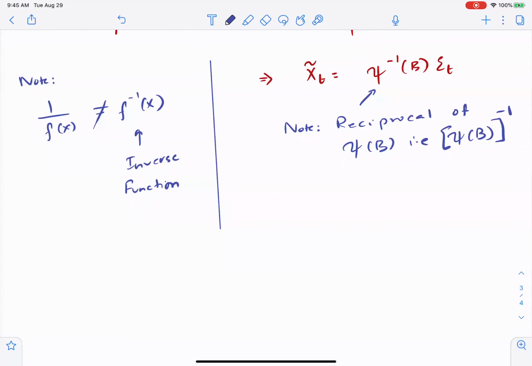So when we first started, we had x of t goes into this black box, H of t, which results in y of t, or y sub t.